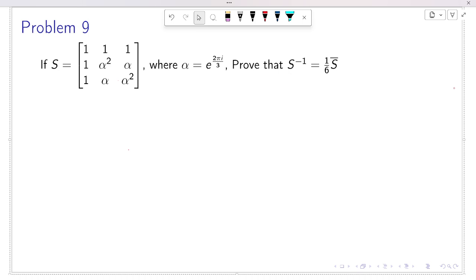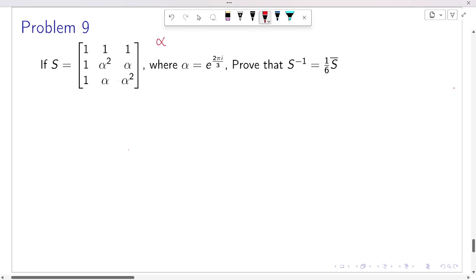Let us first explore this alpha. Alpha is given to be e raised to power iota 2 pi by 3.